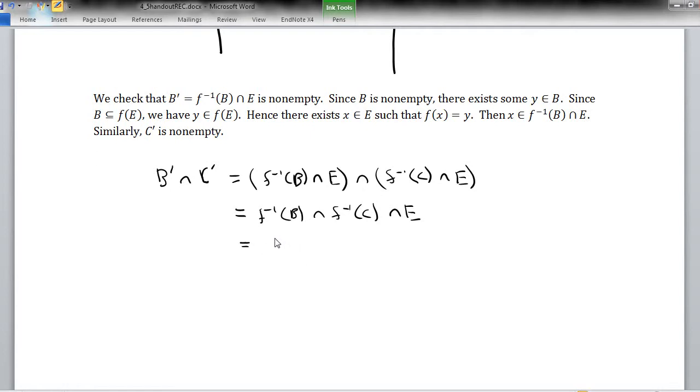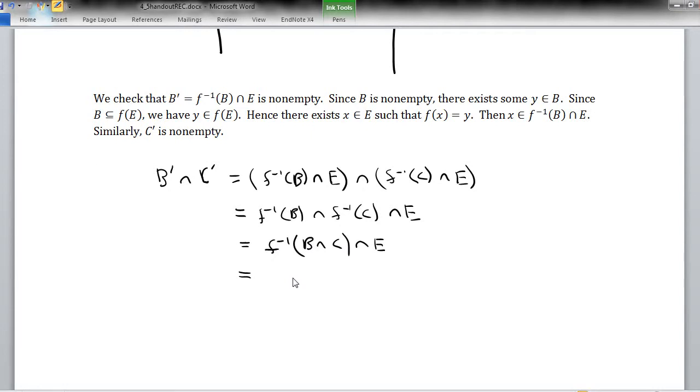Now, there's a property that says that f inverse of B intersect f inverse of C is equal to f inverse of B intersect C, right? Because if an element maps into B and it maps into C, then its image must be in both B and C. So we have that intersection.